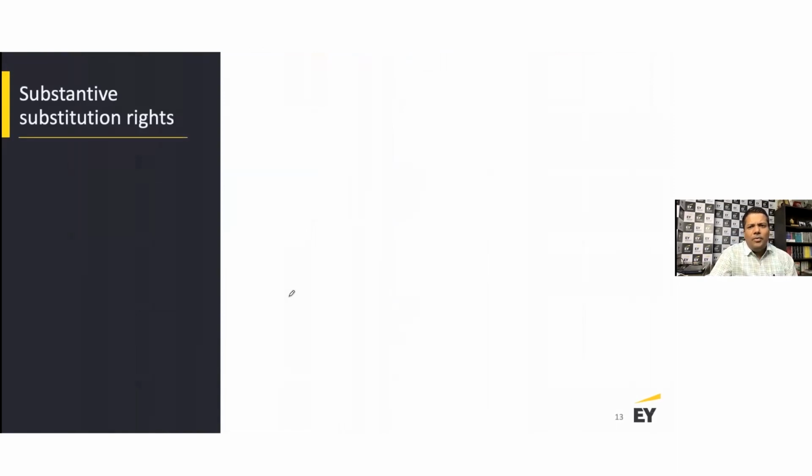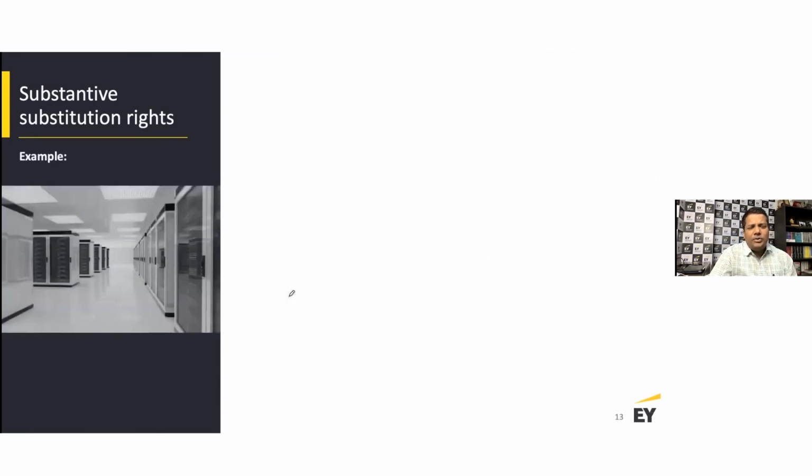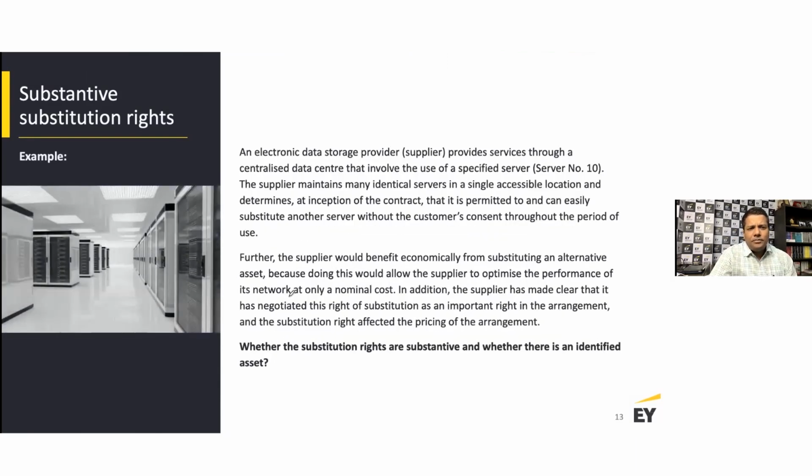So moving forward to talk about this further with the help of an example, let's look at this example. An electronic data storage provider, the supplier, provides services through a centralized data center that involve the use of a specified server number 10.